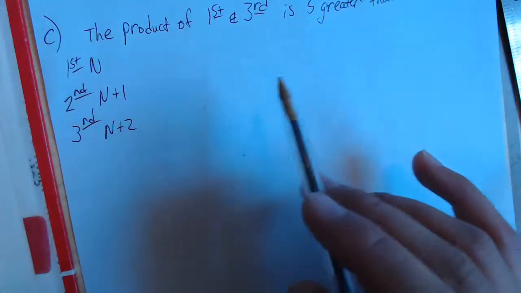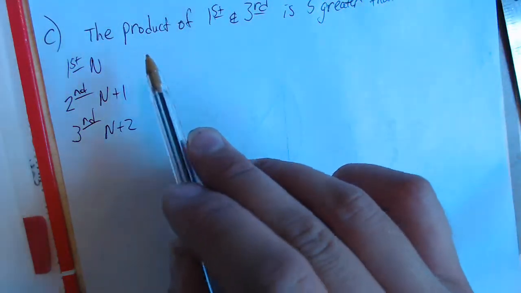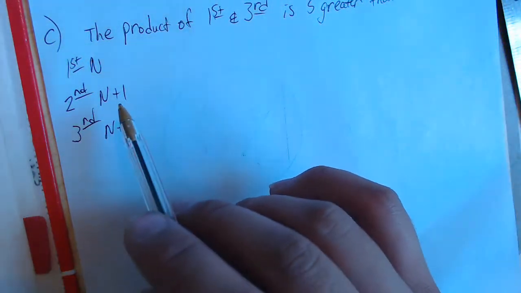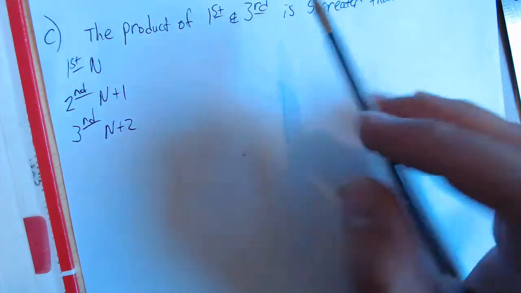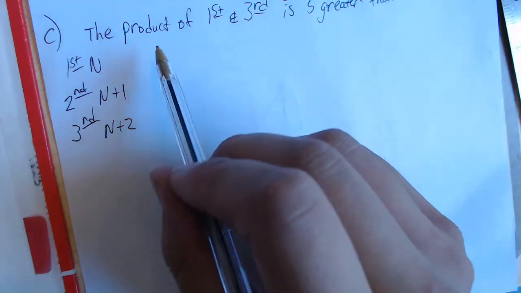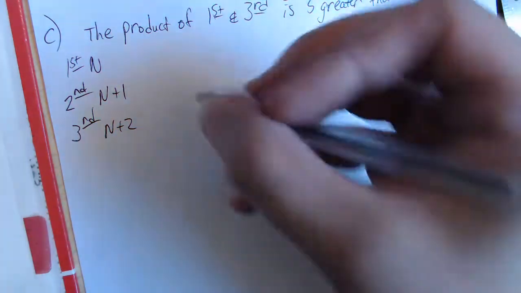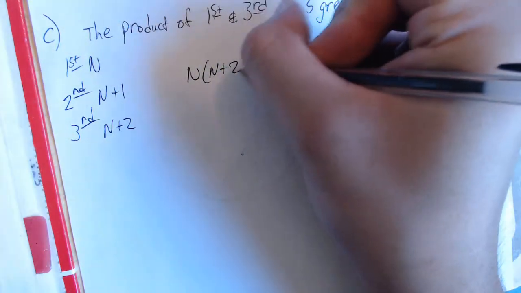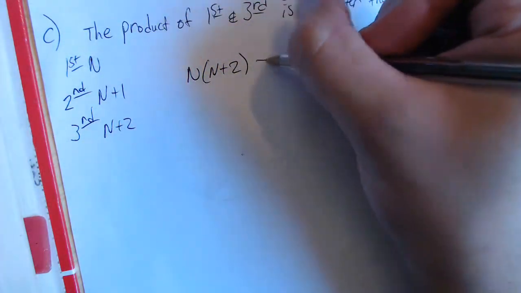Now, I have to write an equation of this. They tell us the product of the first and the third is 5 greater than 5 times the second. Always remember, "is" is like your equal sign, so this is going to be like the middle of the equation. So I just have to figure out the product of the first and the third. So that's going to be written as n times the third, which is n plus 2. And I've got my equal sign.